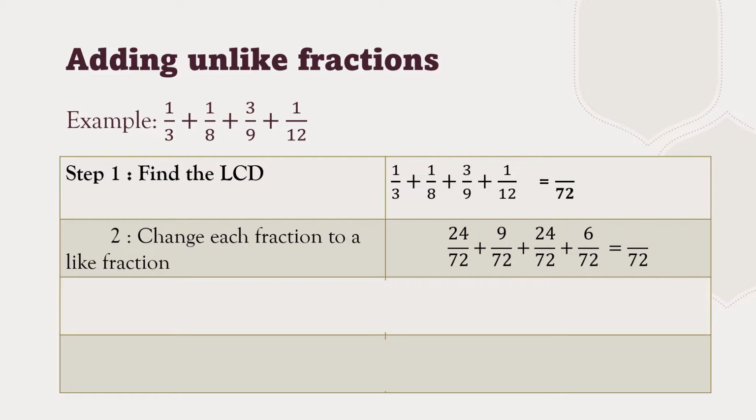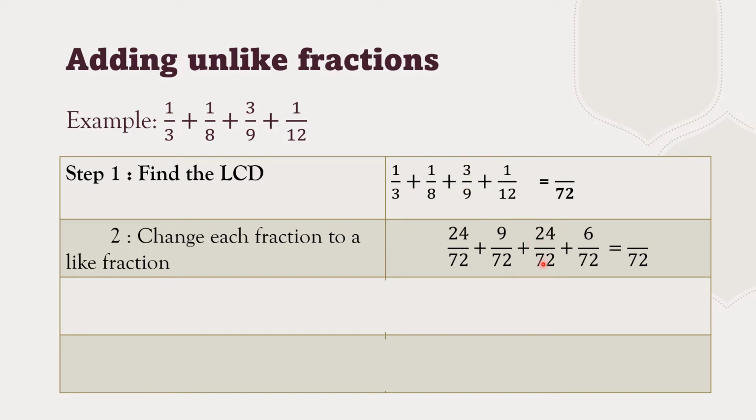We have 72 divided by 3 is 24 times 1 is 24. Next, 72 divided by 8 is 9 times 1 is 9. Next, we have 72 divided by 9 is 8 times 3 is 24.